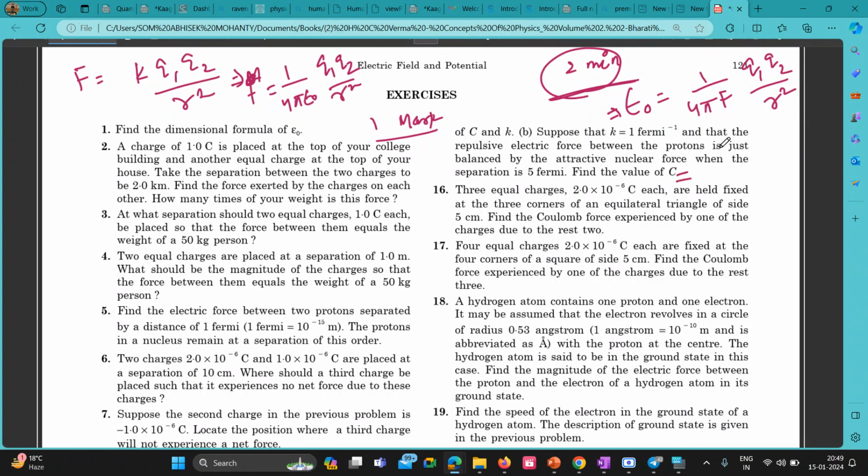What is the dimensional formula of F? MLT minus 2. Q1 Q2 means Q square, that means A square T square. R square means L square.